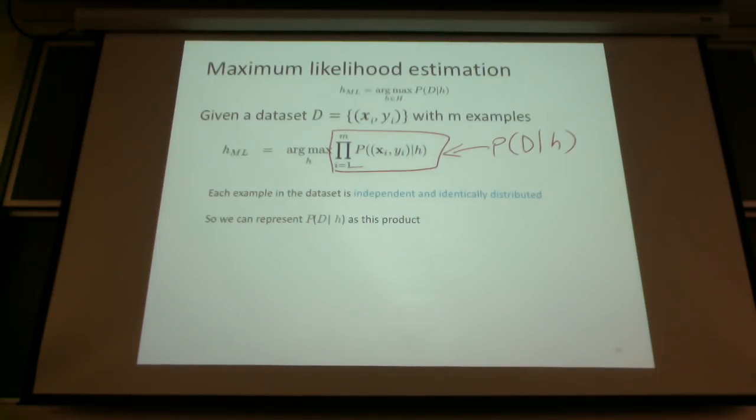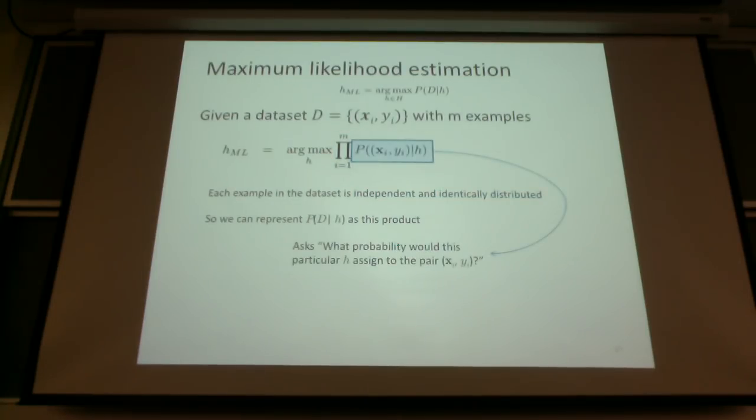The data consists of all these pairs, and we have from the start made the assumption that all examples are independent of each other, so we can decompose P of D given H into this big product over each example. Now, the thing in the box there, P of xy given H, is asking what's the probability that a particular classifier would assign to this pair xy.